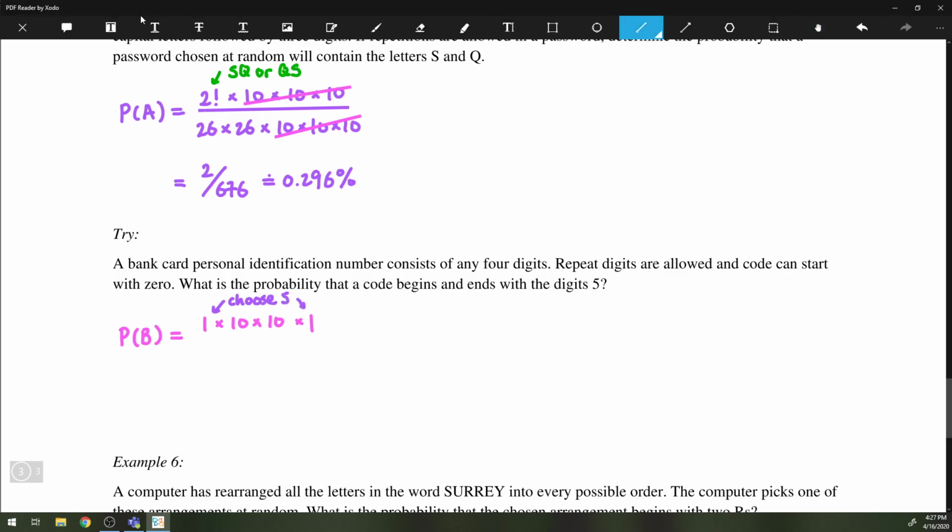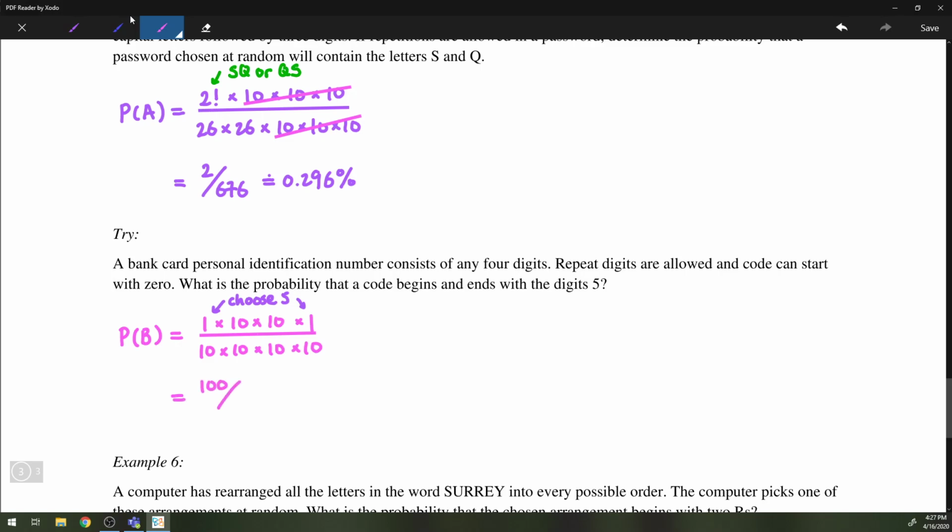And then compare that to the sample space, which is really any digit. So that will be 10 choices, 10 choices, 10 choices, 10 choices. If you multiply the numerator out, you get 100. The denominator will give you 10,000. And so that will work out to be 1%.